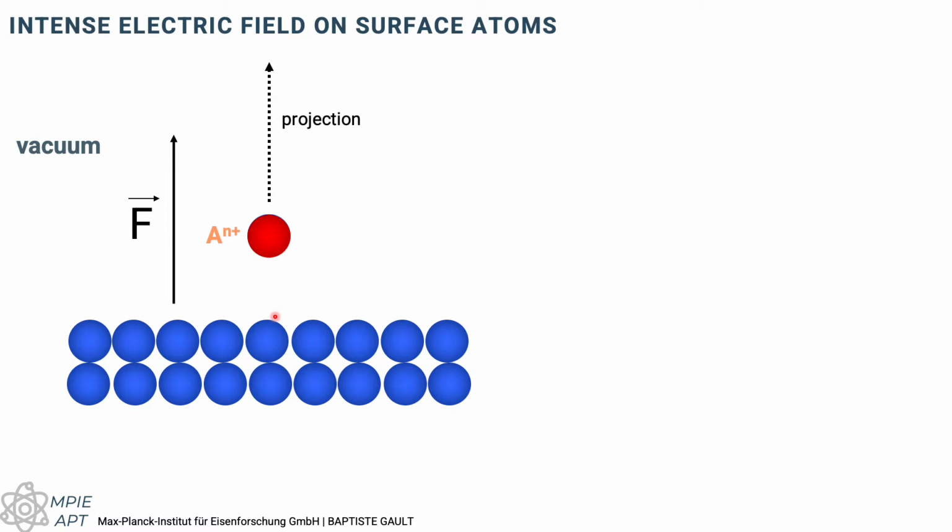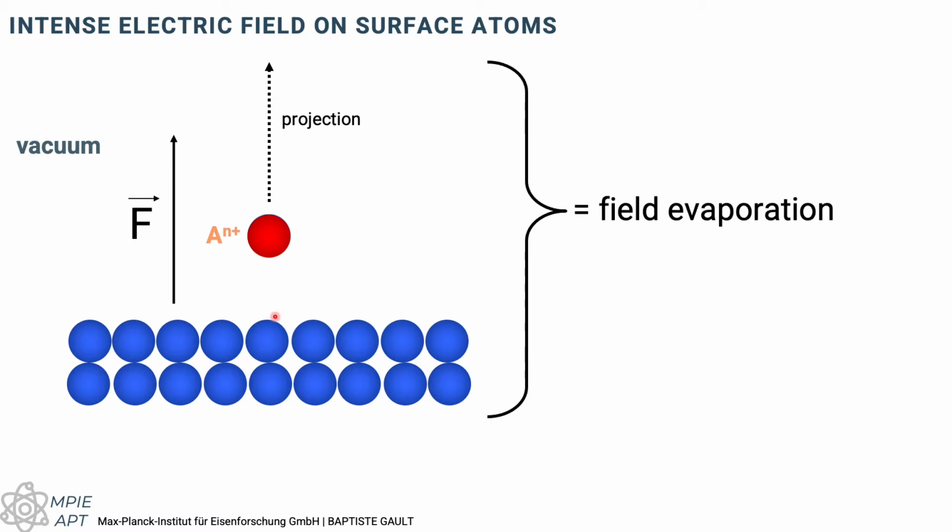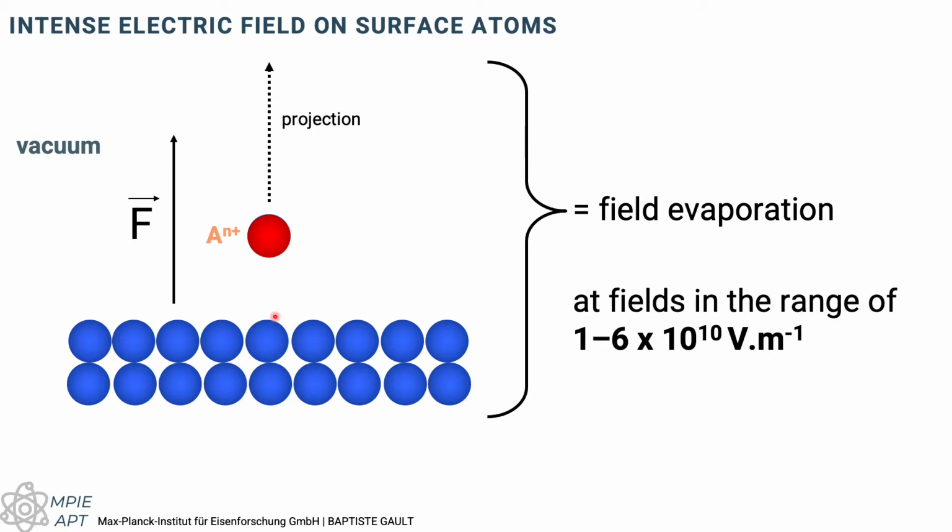Once you've created an ion in an electric field, it gets accelerated away from the surface and is projected. This overall process is termed field evaporation. To provoke the departure of the surface atoms, you need fields in the range of typically 1 to 5-6 volts per angstrom, so 60 volts per nanometer.